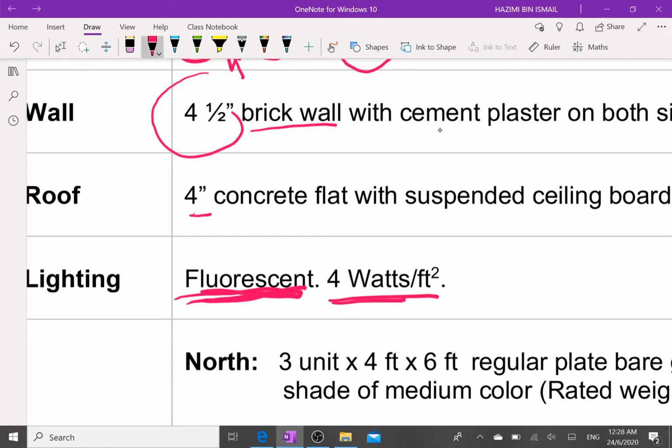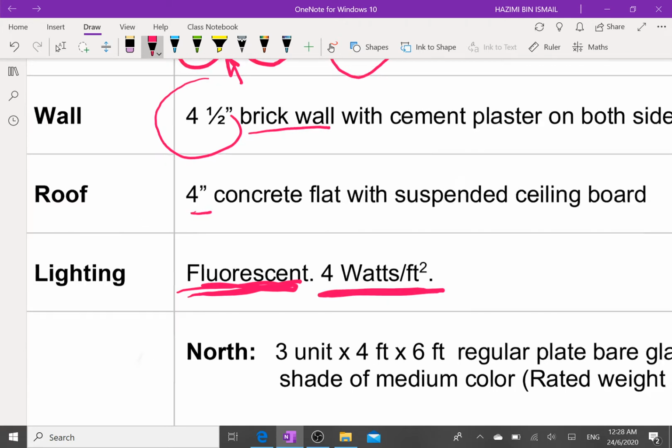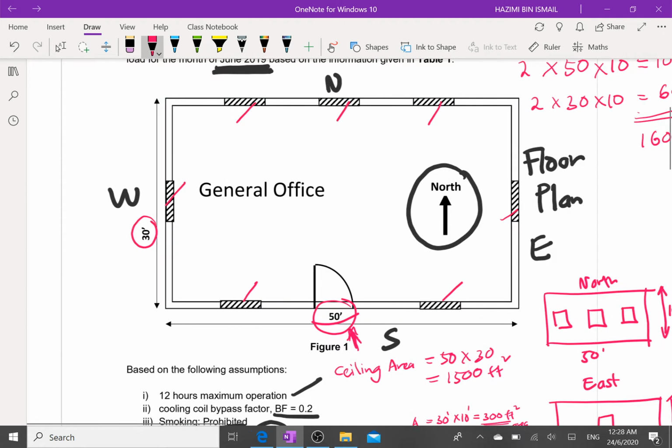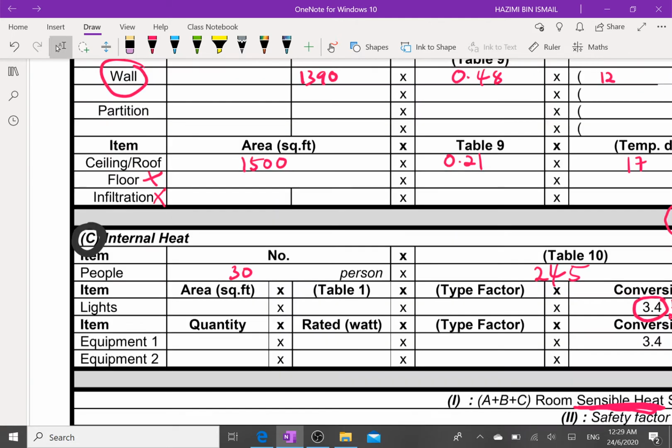And the heat generated from the light is 4 watts per square foot. In watts, so put it in the form. And the area is 1500.